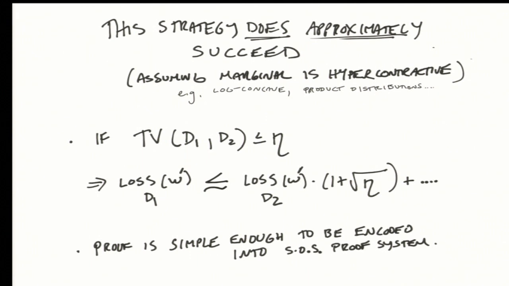And the main lemma that we prove, which encapsulates this key difficulty, is that if you have two distributions, D1 and D2, and their total variation distance is at most eta, then the square loss of some linear function W prime with respect to D1 is at most the loss with respect to D2 times 1 plus square root of eta, plus some other terms that are less important.